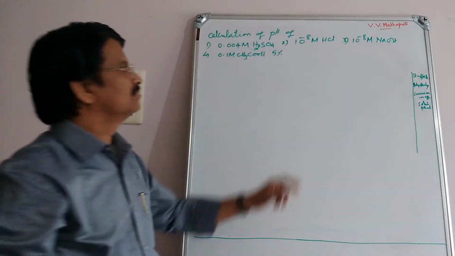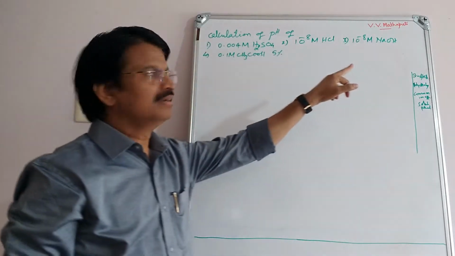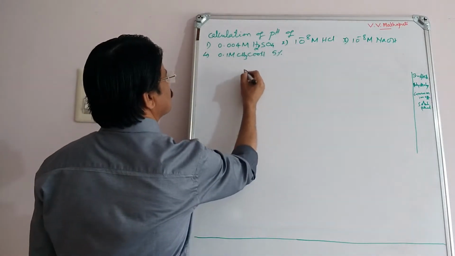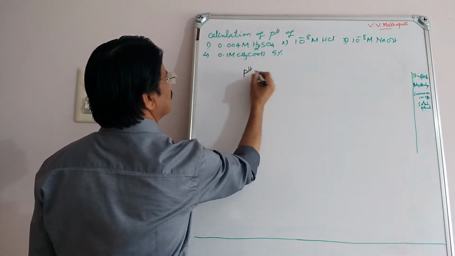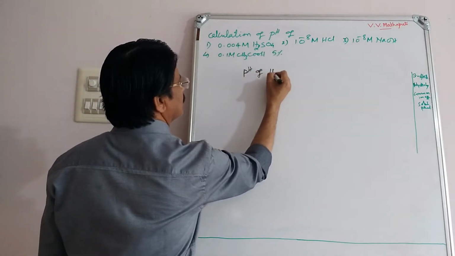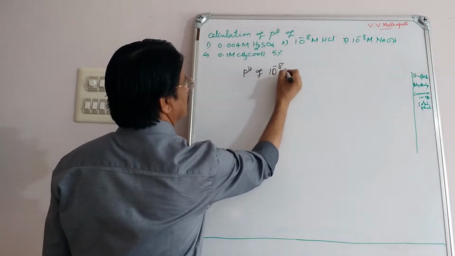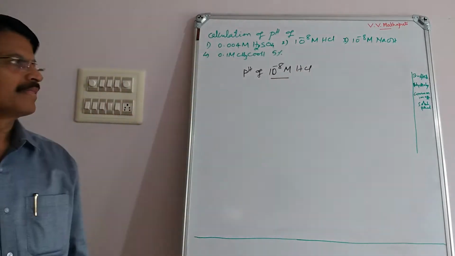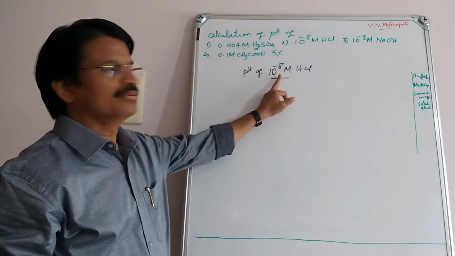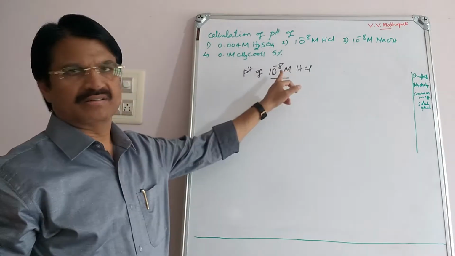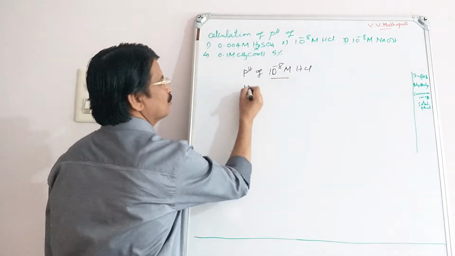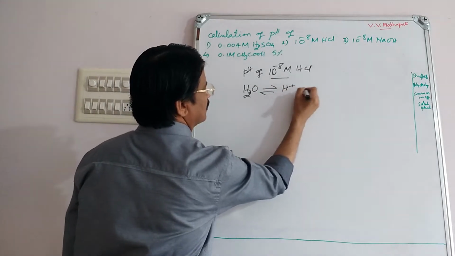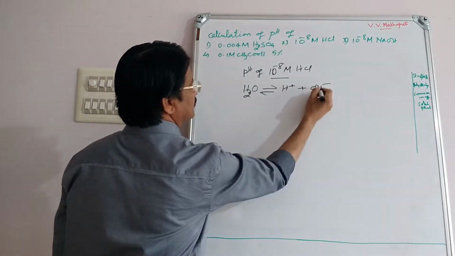Then second, 10 raised to minus 8 M HCl and 10 raised to minus 8 M NaOH. First, the pH of 10 raised to minus 8 M HCl. When you use solutions in water, H2O contains H plus and OH minus ions in a beaker.